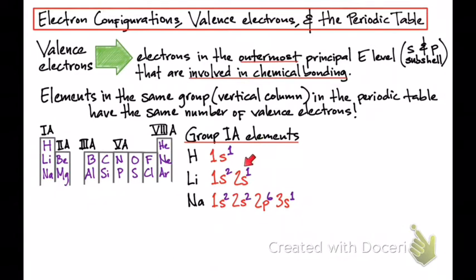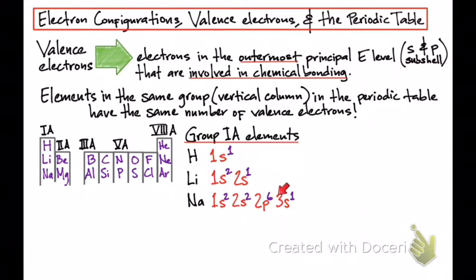And we can do the same thing for lithium. The highest s and p sublevel is the 2s because the 2p is empty. So you have one electron in the 2s, and then same thing for sodium, right? We have 1s2 all the way to 3s1. The 3s1 is the highest s sublevel, and so there's only one electron in that sublevel. So the number of valence electrons is 1 for sodium as well.